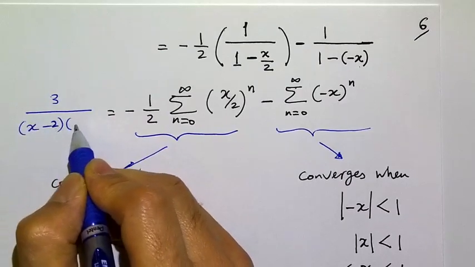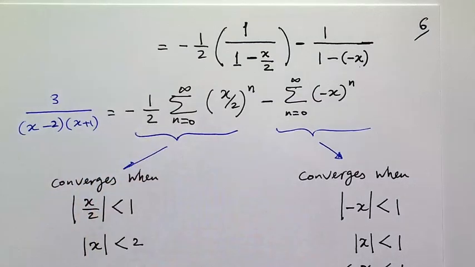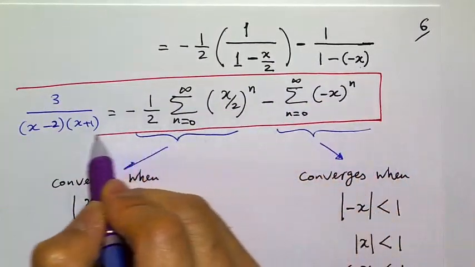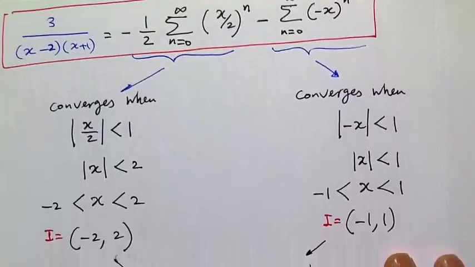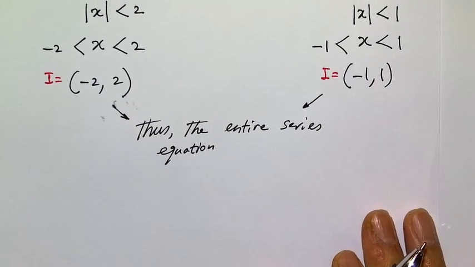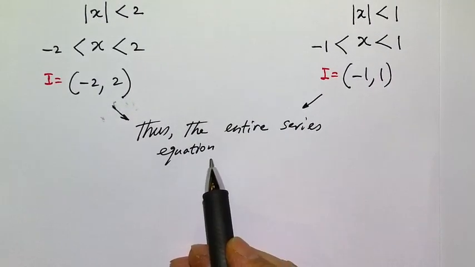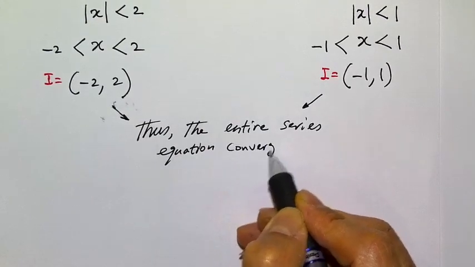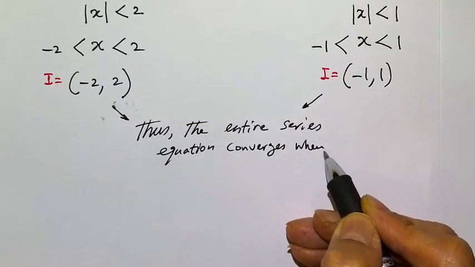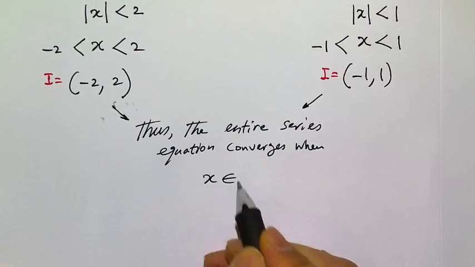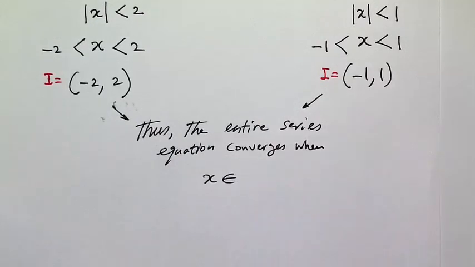And of course, this was not factored like this when we started, but this is the power series for that function. And then here, for the interval of convergence, it converges when x belongs to this interval.